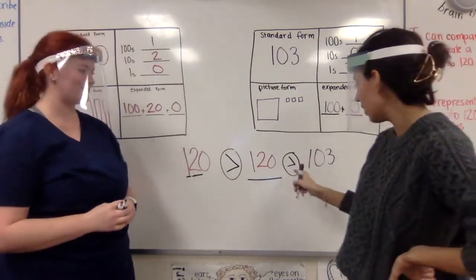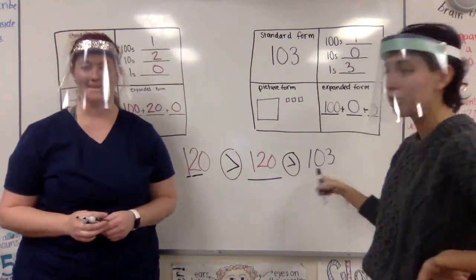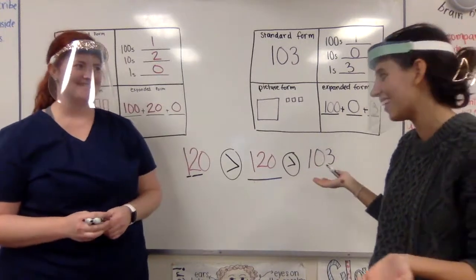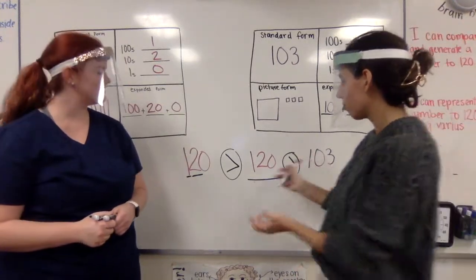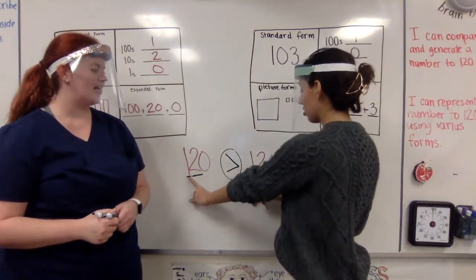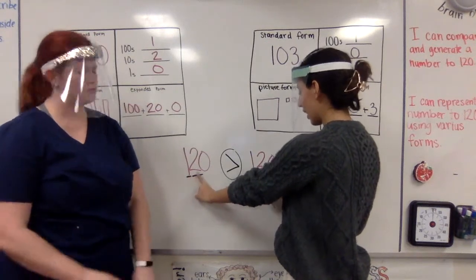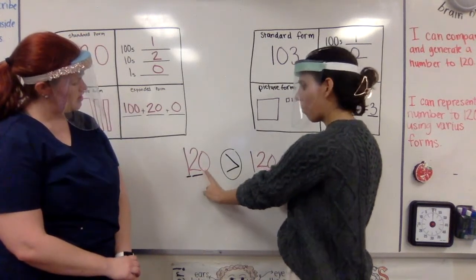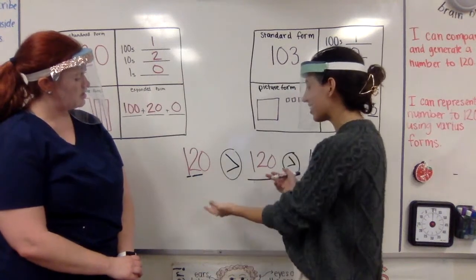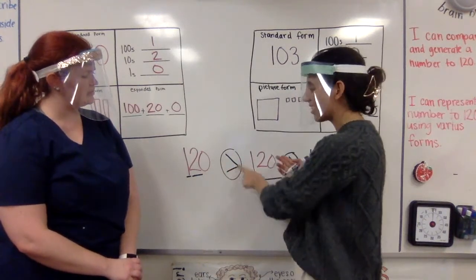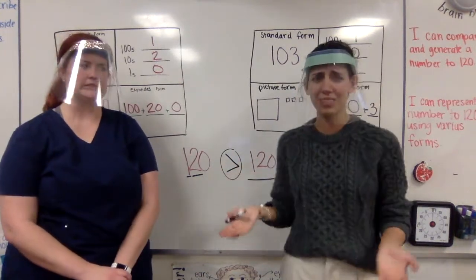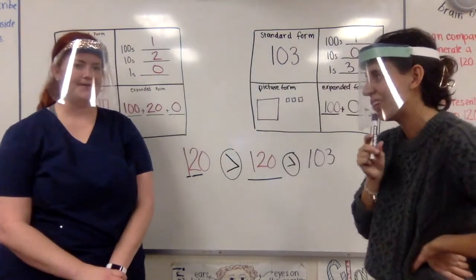Okay, so 120 is definitely greater than 103. We just did that. Oh, well, okay, I see that the hundreds place is the same. The tens place is the same. The ones place is the same. That means that this is equal. So it's not greater than, it's equal because it's the exact same number.